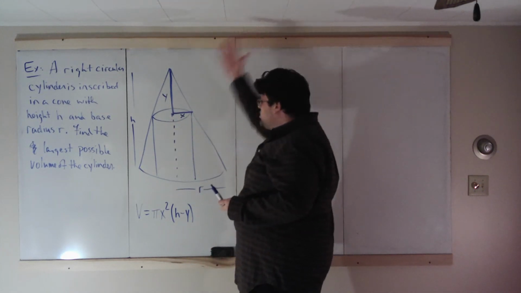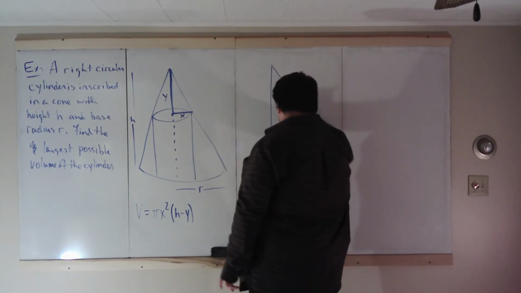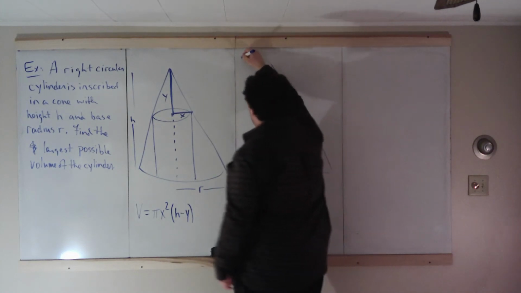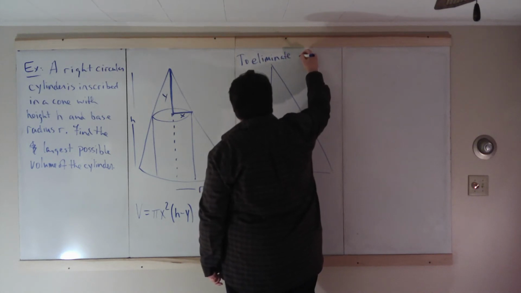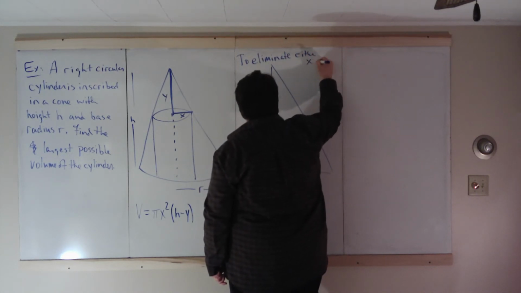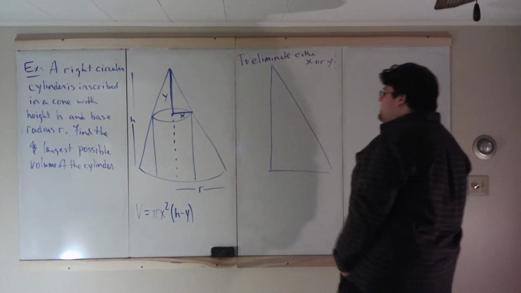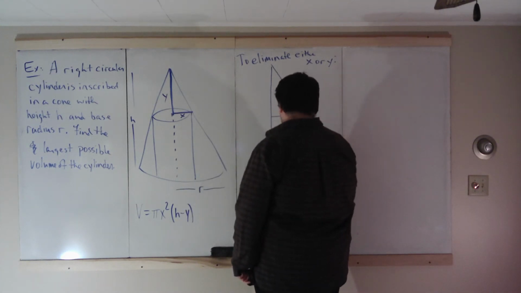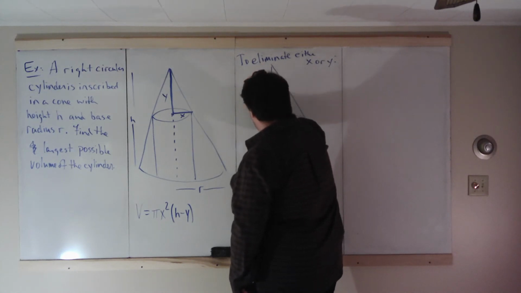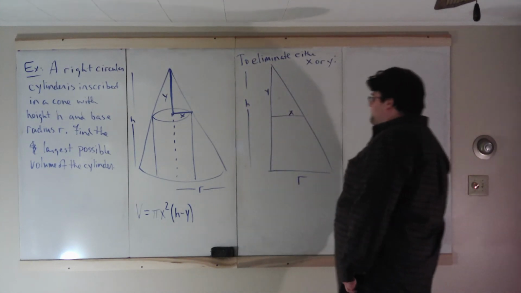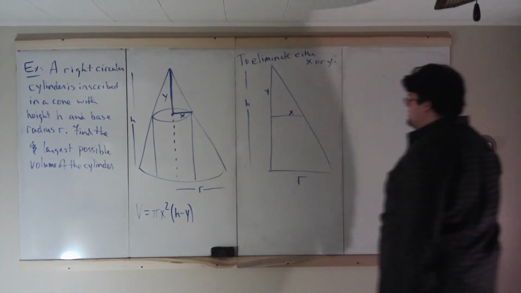If you slice this right down the middle, to eliminate either x or y, slice that right down the middle, look at half of it. It gives us a couple of right triangles. In particular, it gives us two similar right triangles.